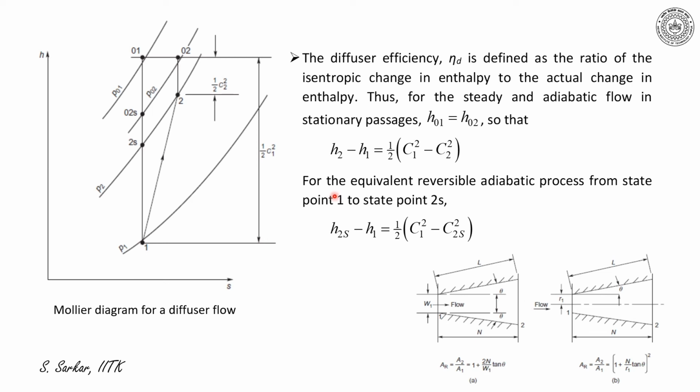Furthermore, for the equivalent reversible adiabatic process from state point 1 to state point 2s, I can write H2s minus H1 must be equal to half within bracket C1 square minus C2s square.